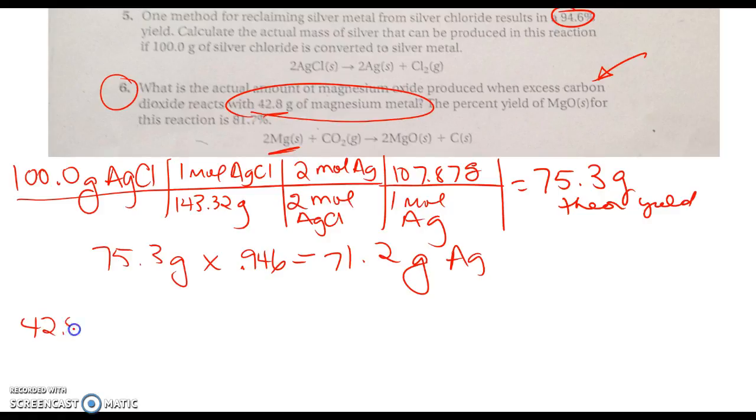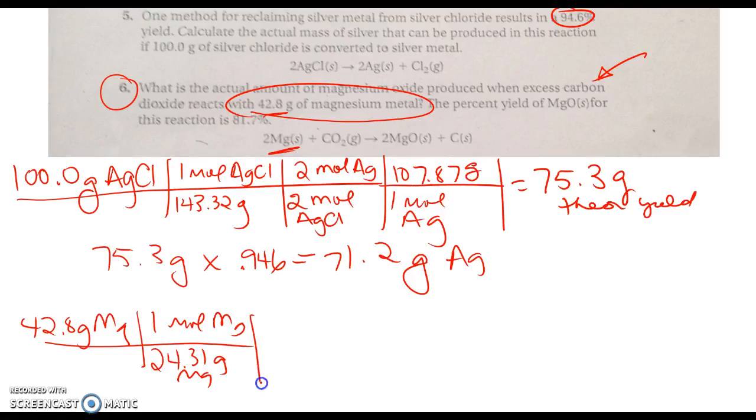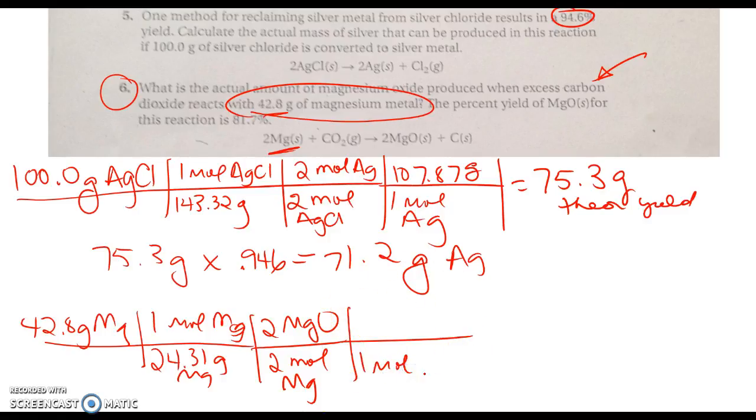So I start with that 42.8 grams of magnesium metal, and then I change it over to moles of magnesium metal, right? And then I go from moles of magnesium to moles of magnesium oxide using the coefficients of the balanced equation, and I go from moles of magnesium oxide to grams using the molar mass.